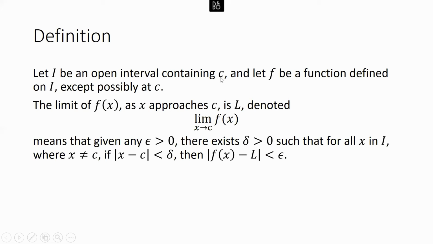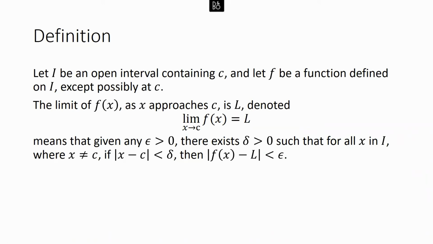And that c is going to be contained in a nice open interval so that f, our function, is defined on that open interval, except maybe not defined at c. So we want it to be defined around c. If we have that, then the limit of f of x as x approaches c is L, denoted by this.